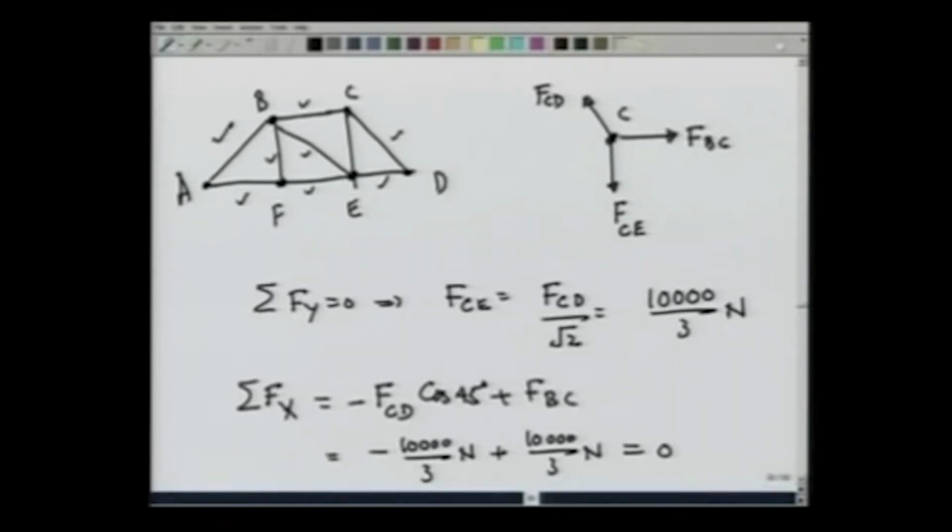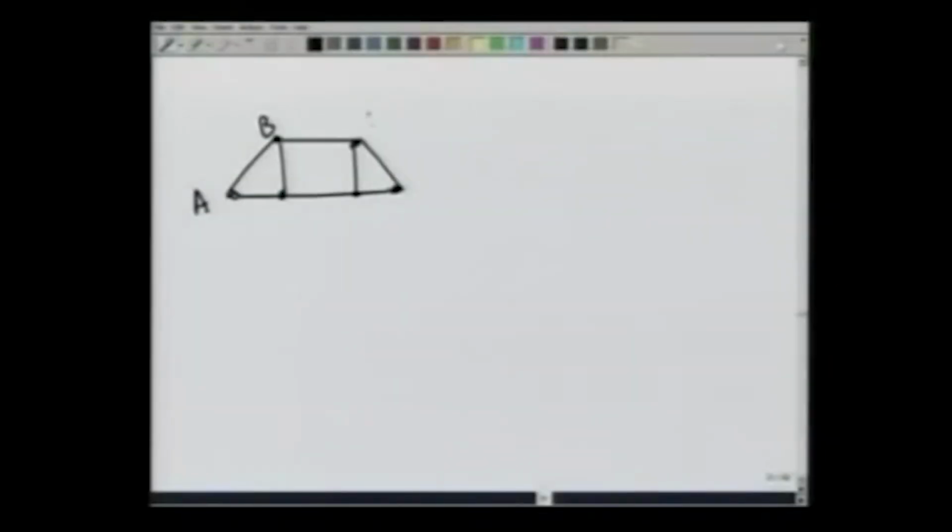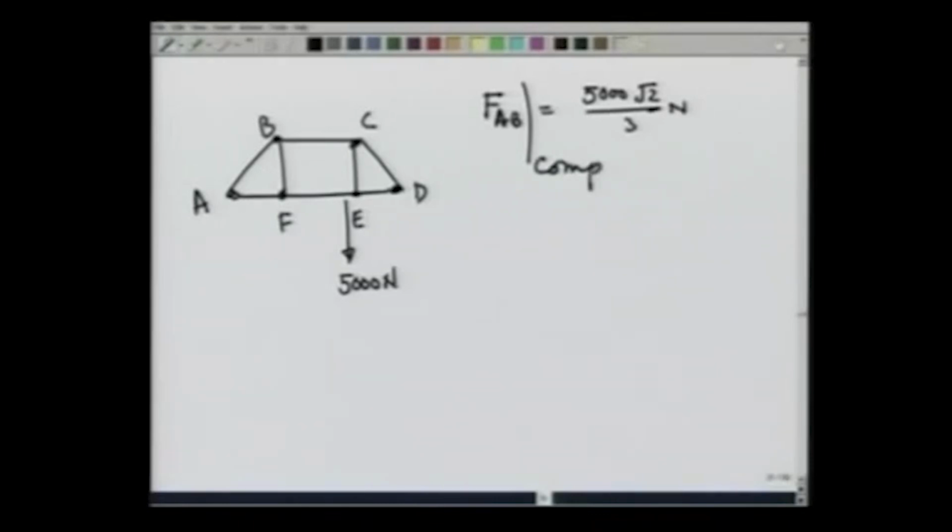Let us now tabulate all the forces that we have calculated. All the forces that we have calculated, when this truss is loaded with a 5,000 newton load at point E, are: FAB, which came out to be 5,000 root 2 over 3 newtons, and this was compressive.